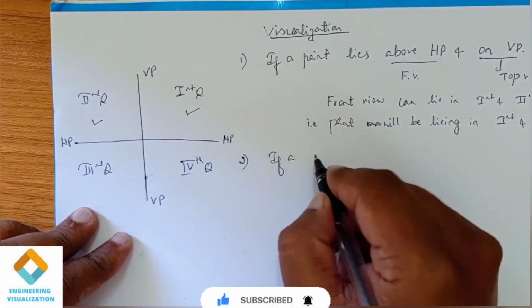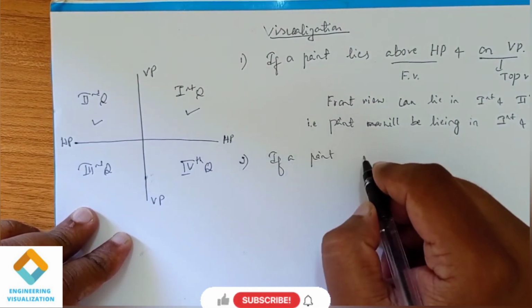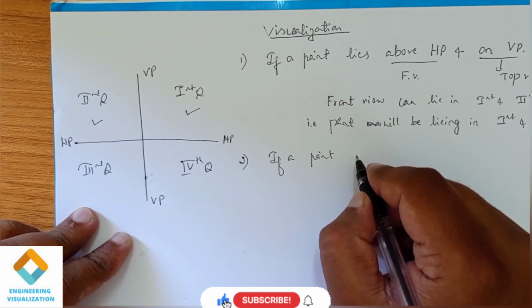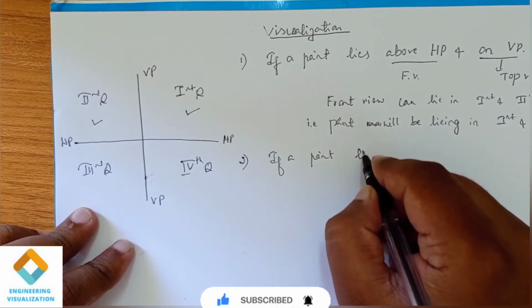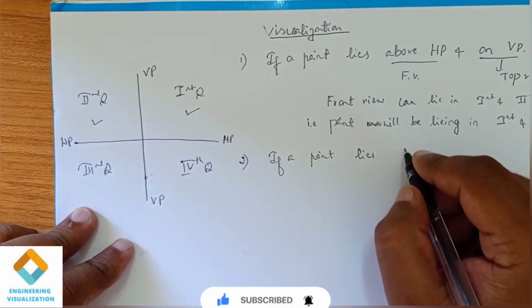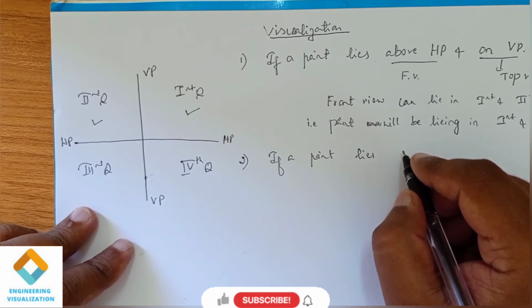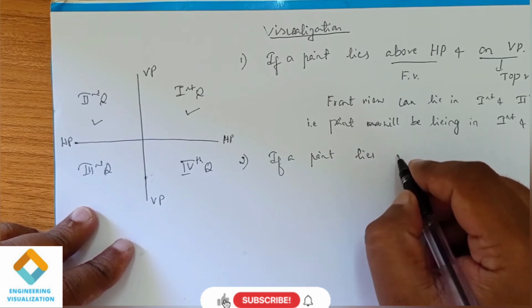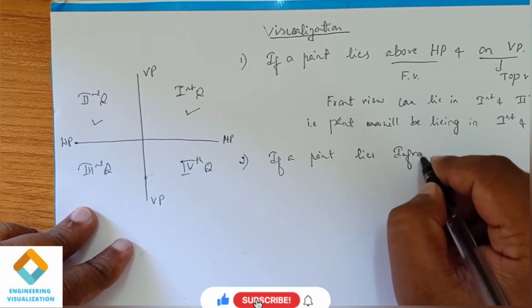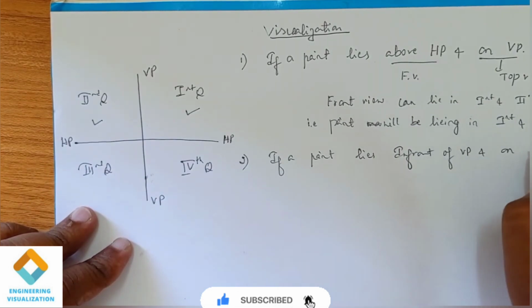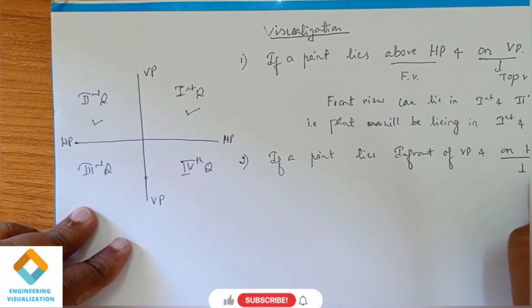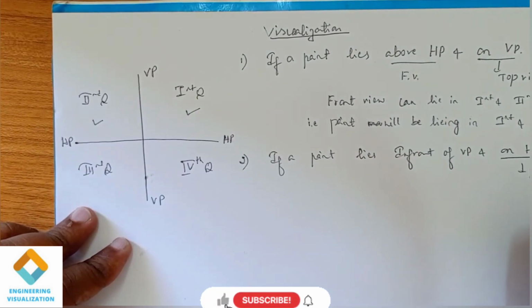Okay, now we'll see the second concept. If a point lies in front of VP and on HP, we know that on HP means it is front view.